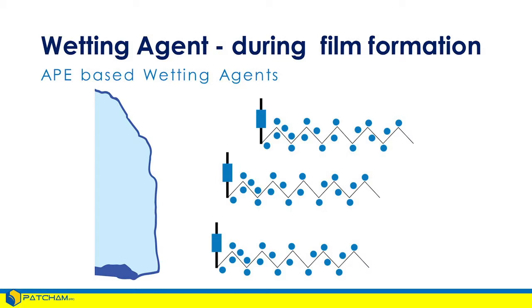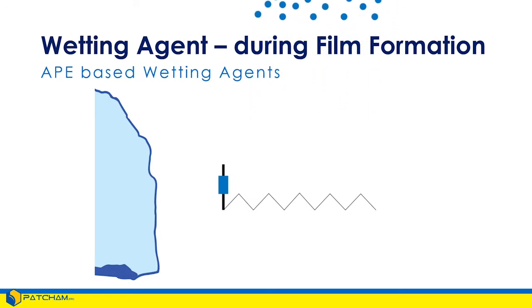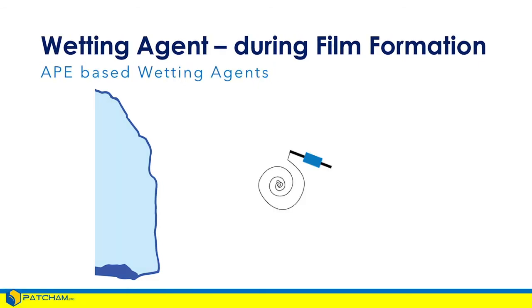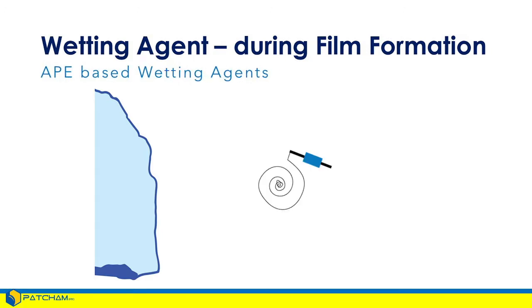It's a hydrated hydrophilic polymer chain tail. As the paint dries and the water leaves the system, that hydrophilic tail is dehydrated. Because there's no hydration to make it soluble in the water, it coils up. So the size of the molecule goes from this to this.